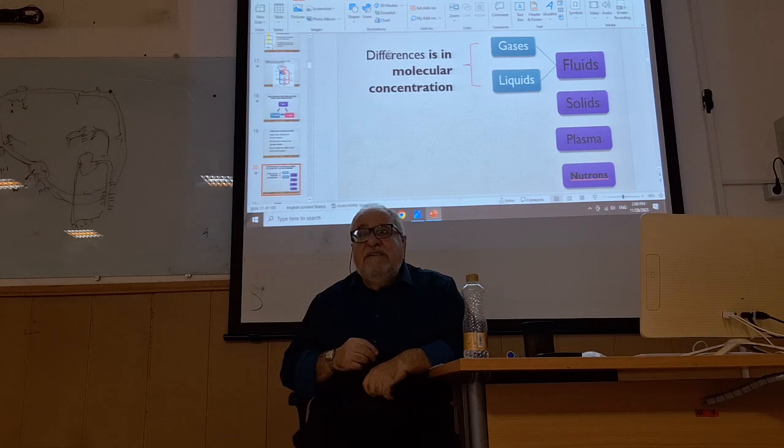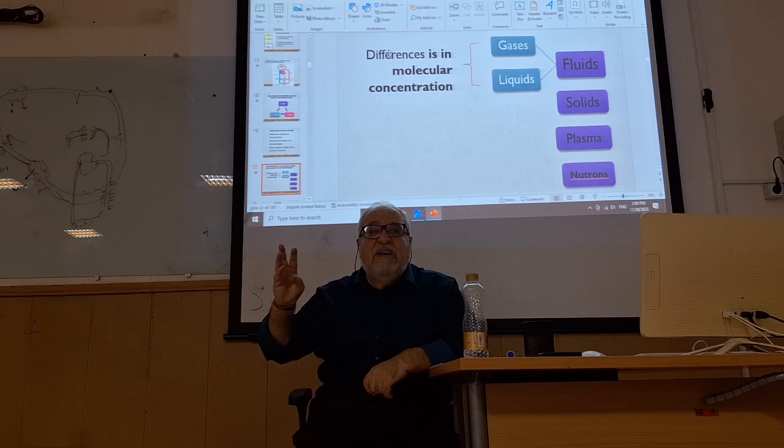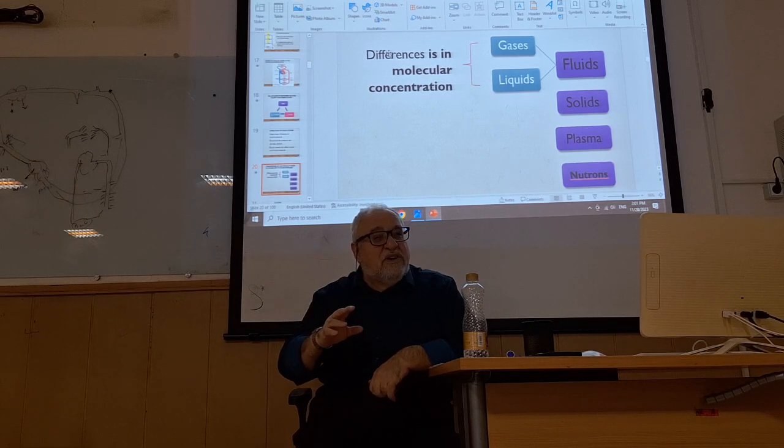Plasma is matter located at very high temperature or very high pressure. The materials are in very high pressure or high temperature.